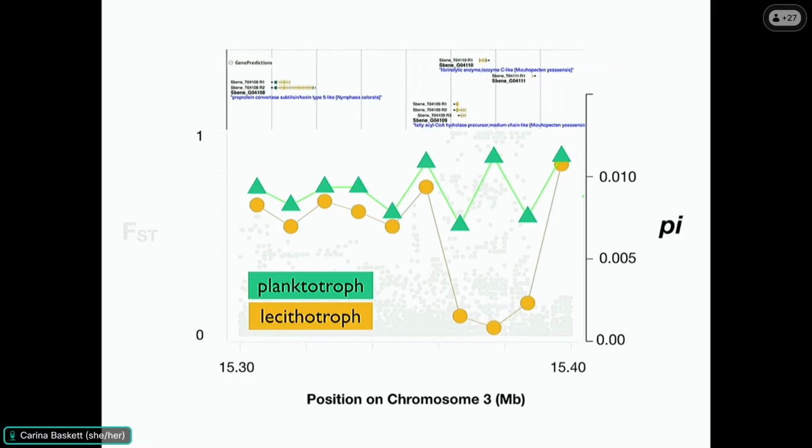Polymorphism basically goes away. And so this superficially looks like there has been a selective sweep in the lecithotrophs where an allele that contributes to a lecithotrophic phenotype swept through, eliminated the genetic diversity there, and we're left with an area where there's SNPs at FST equals 1 and a unilateral, basically single population, single morphology loss of genetic variation. And that's at this one locus.